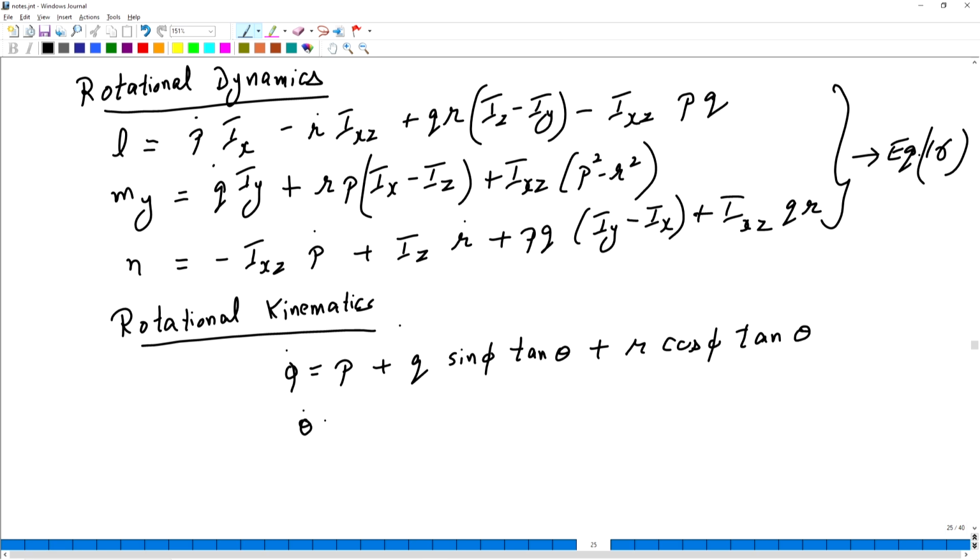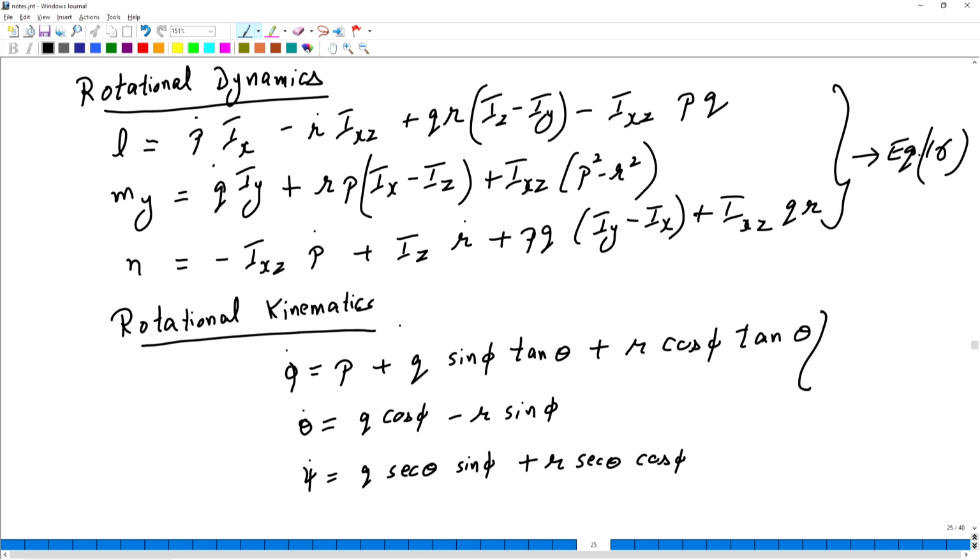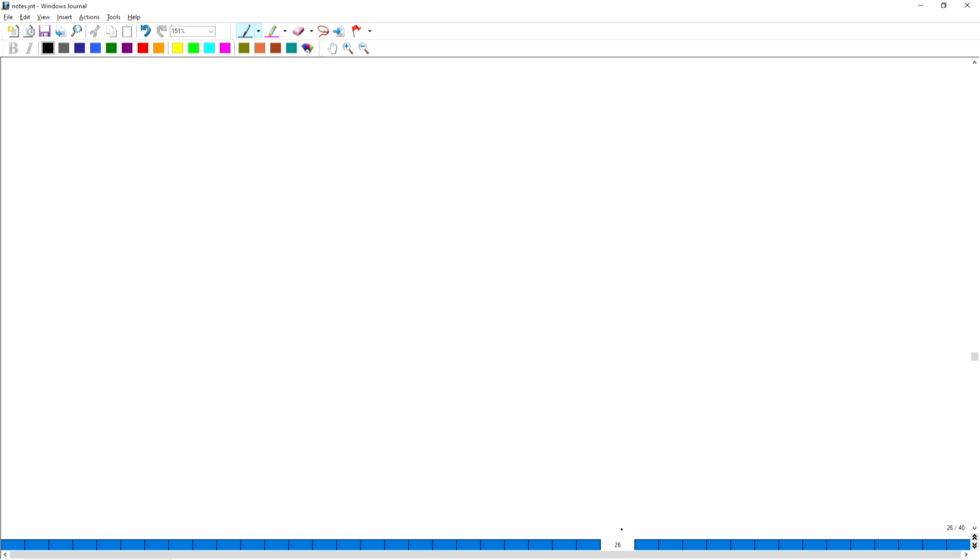Theta dot equals to q cos phi minus r sin phi, and xi dot is q secant theta sin phi plus r secant theta cos phi. Let me take this as equation number 17. Finally, we are left with translational kinematics.